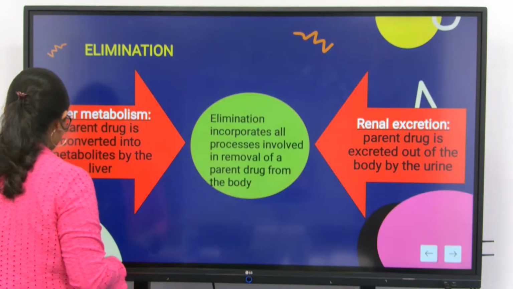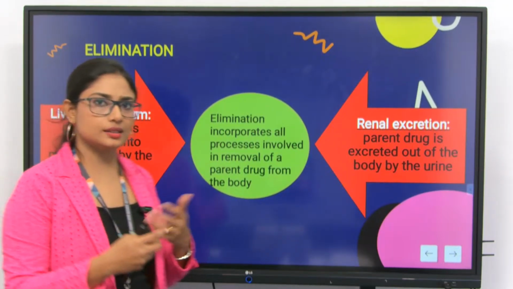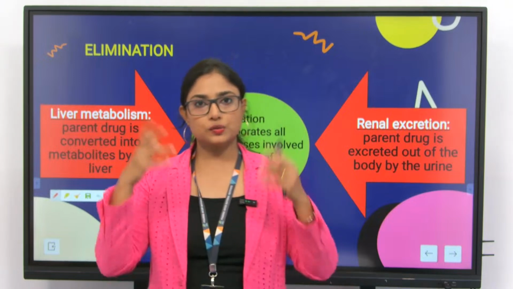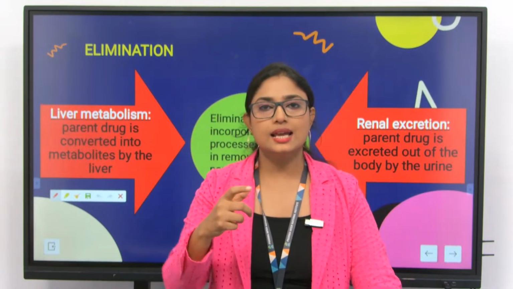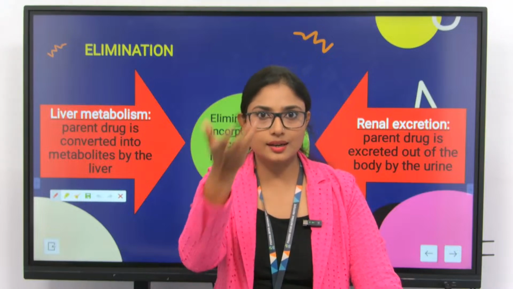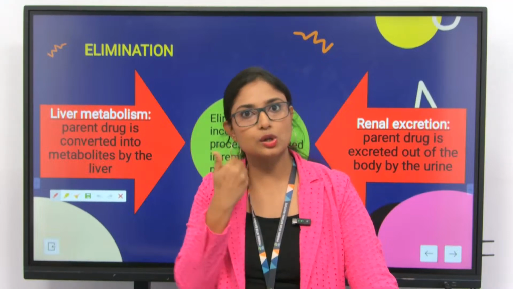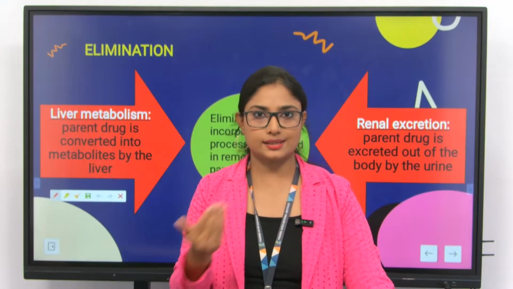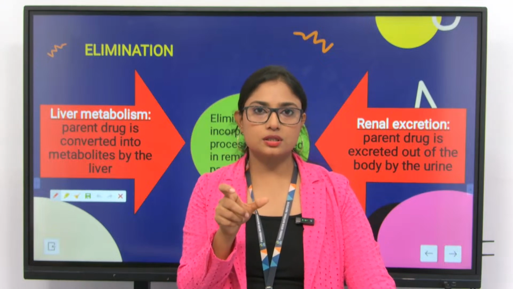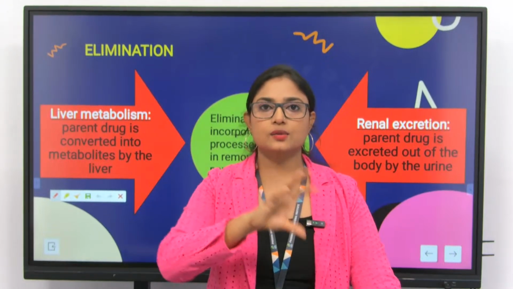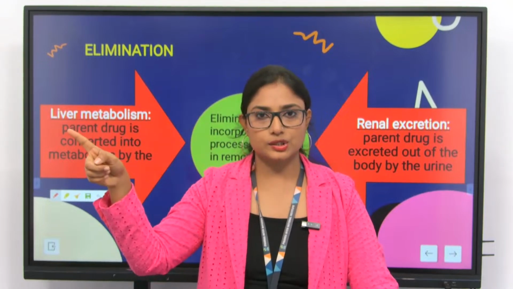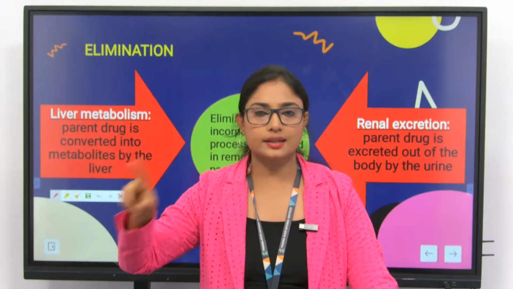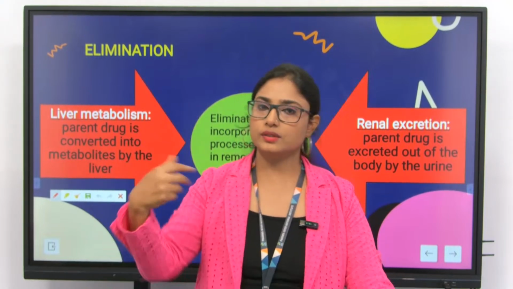Why is metabolism added under the elimination process? Because metabolism is helping the drug to get excreted out, isn't it? It is also a process of excretion. Metabolism, or biotransformation, is the conversion of lipophilic drug to hydrophilic, so it readily dissolves in the urine and gets excreted out.